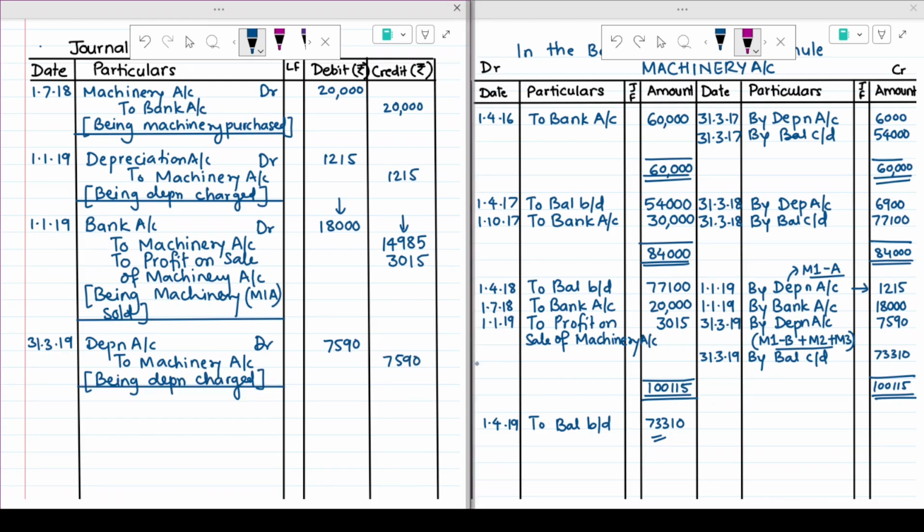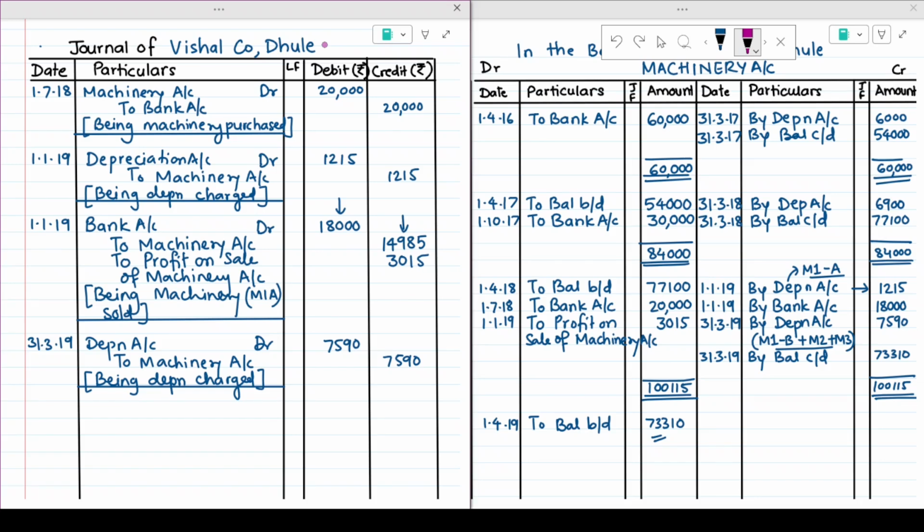So all the entries that are in ledger are passed in our journal, right? But the question has asked for third year entries and not just purchase and sale and depreciation entries. After this, what we do at the year end, we pass year end entries. We transfer the balances of nominal account. In our case, we have 2 nominal accounts.